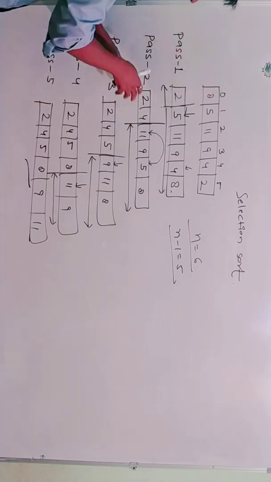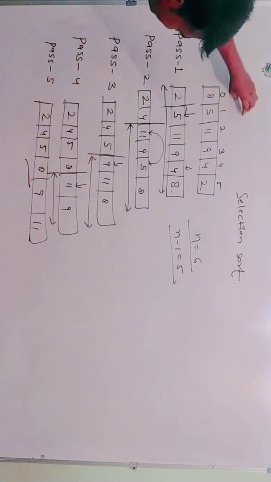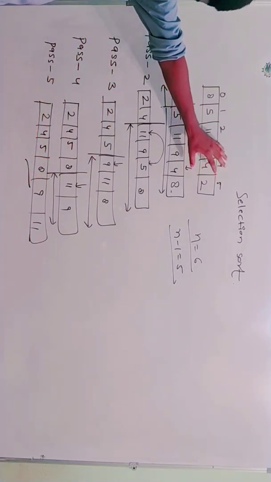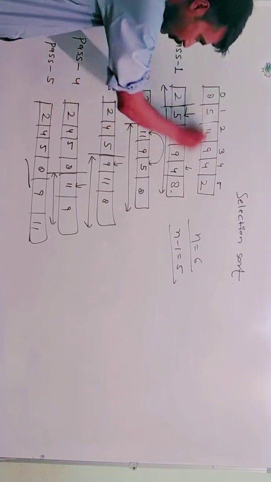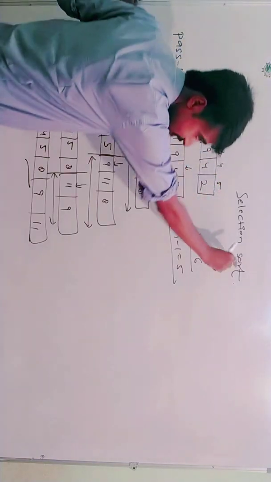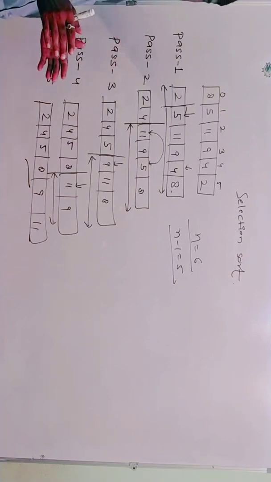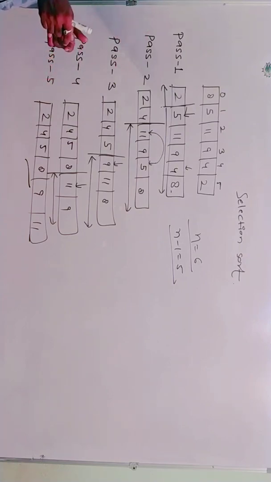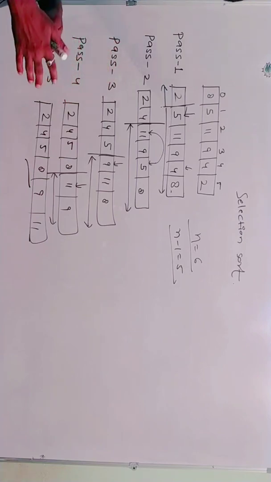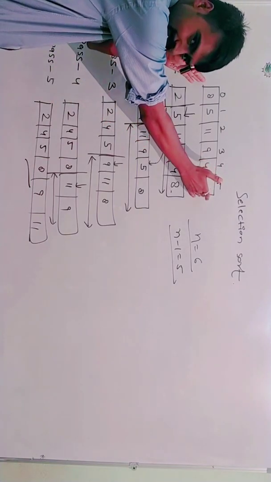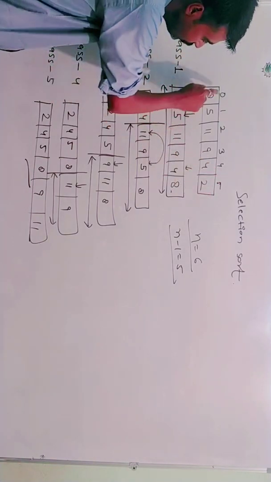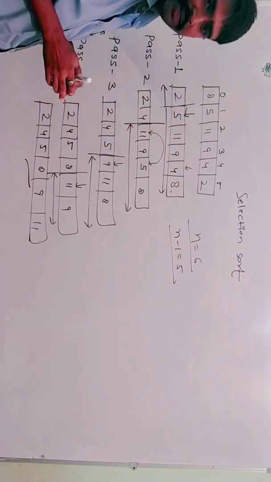I am telling this again. This is our unsorted array. We have to sort this array by using selection sort. In selection sort, you have to select the smallest element from the unsorted array. Now, find the smallest element in this array.